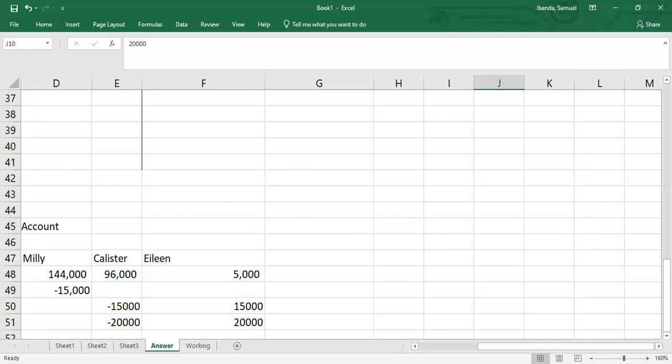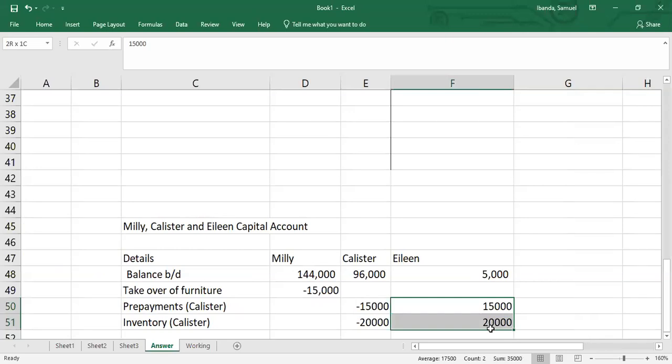Okay, sorry. This is not supposed to be here. I picked them, made these negatives and forgot to remove them. They're supposed to be only under Calista as negatives. Thank you for picking that up.